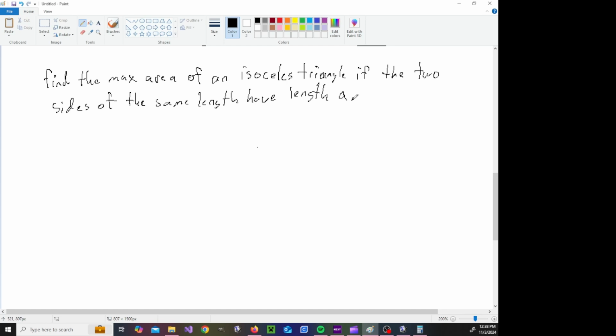So this is going to be a little bit of a deceptive problem, which is why I'm working this out right here, right?